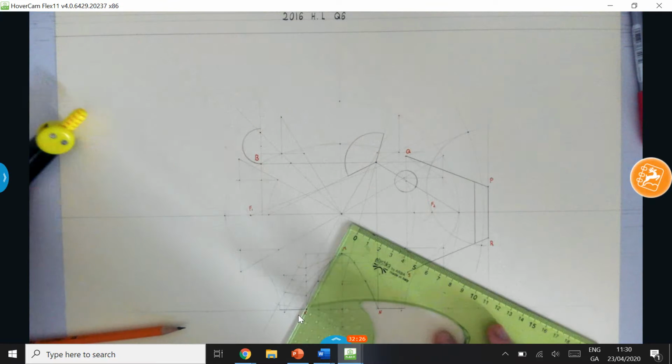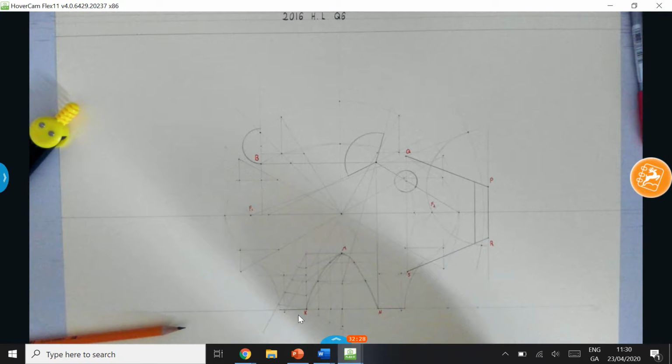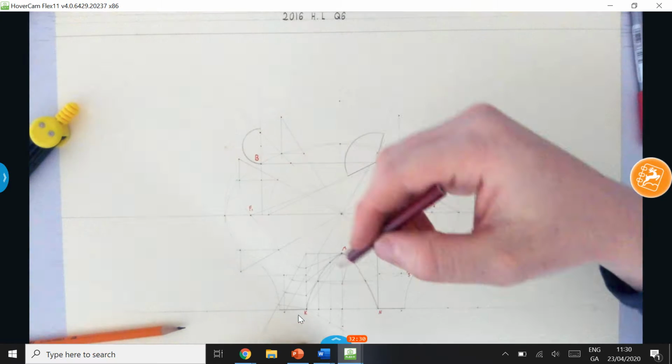Then it's just a matter of running around the outside of the ellipse and making the ellipse firm.